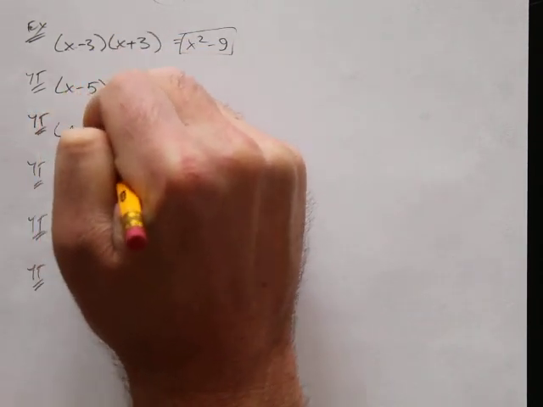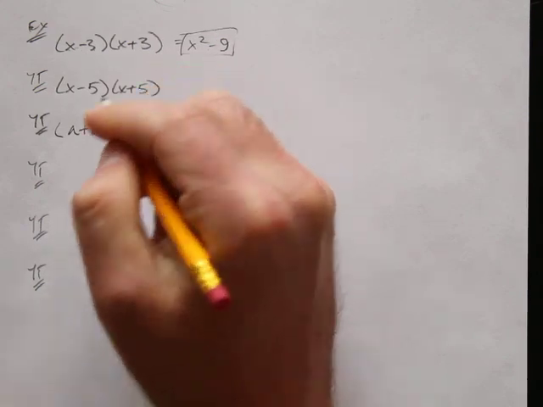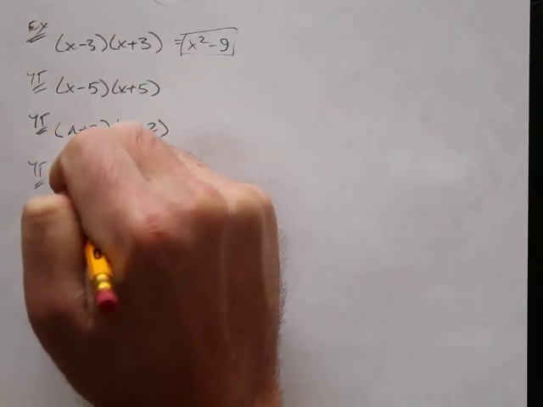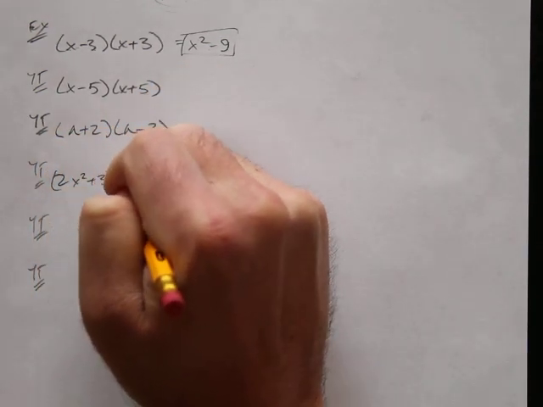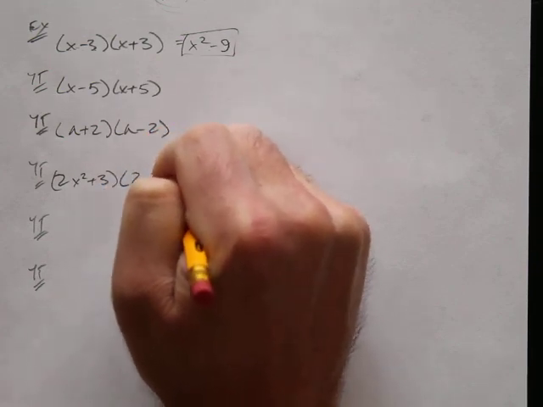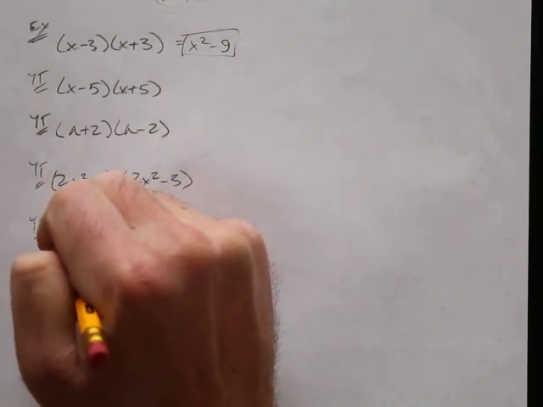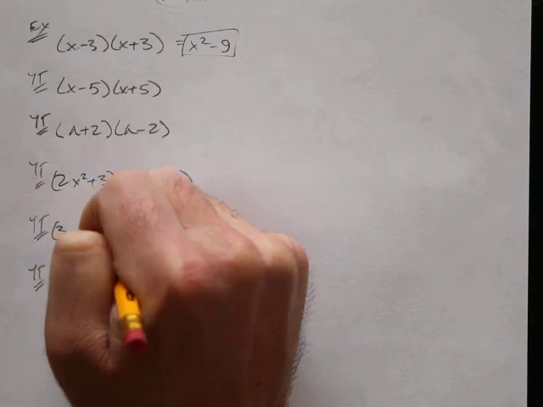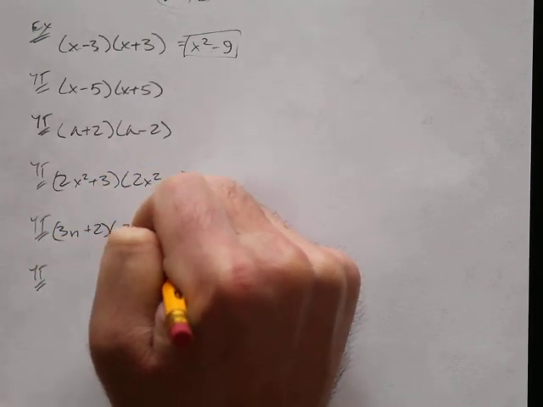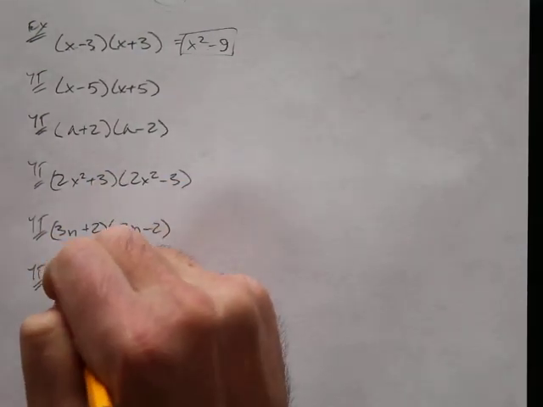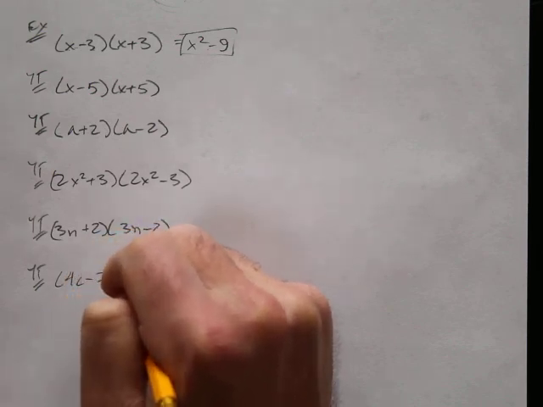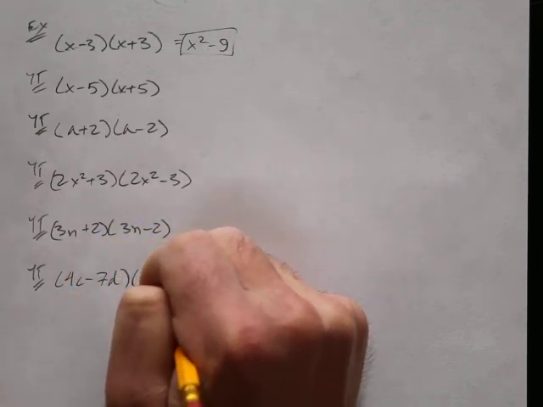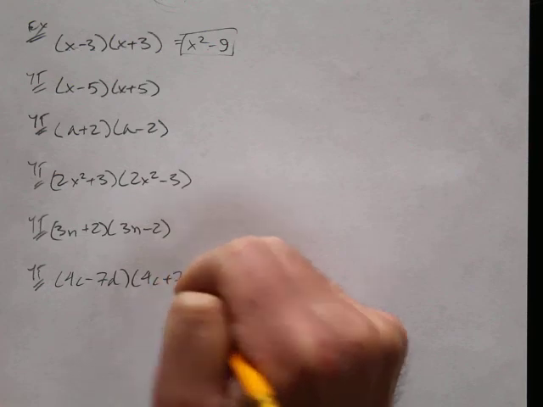Then a plus 2 times a minus 2. Then 2x squared plus 3 times 2x squared minus 3. Then 3n plus 2 times 3n minus 2. And 4c minus 7d times 4c plus 7d.